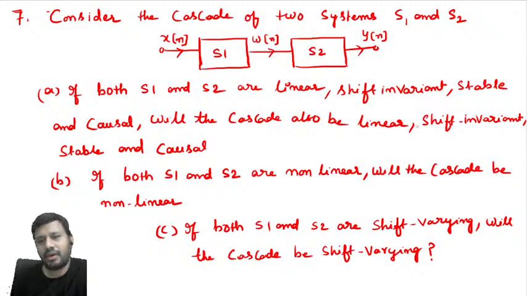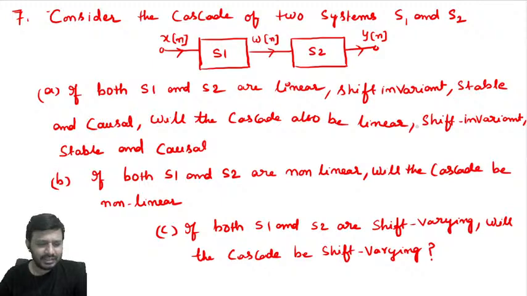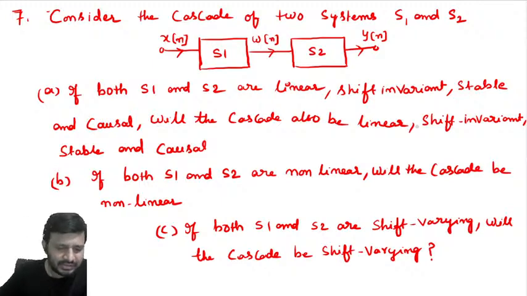Second, if both S1 and S2 are non-linear, will the cascade be non-linear? Okay, we'll verify. Third, if both S1 and S2 are shift varying, will the cascade be shift varying? Try to solve this one, my dear students.